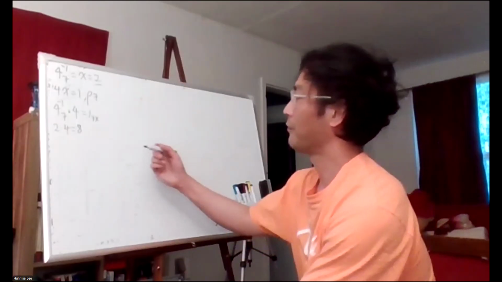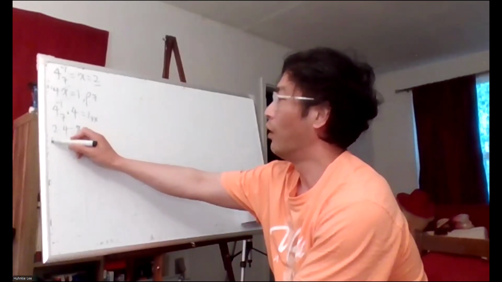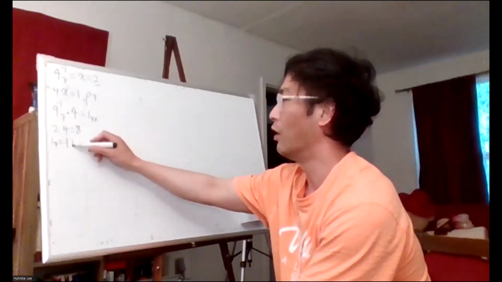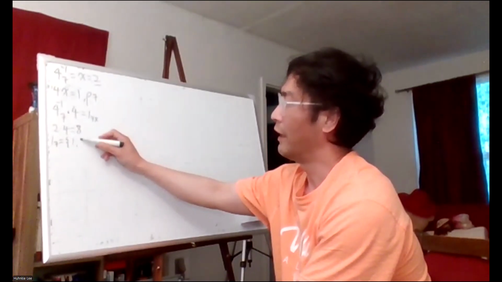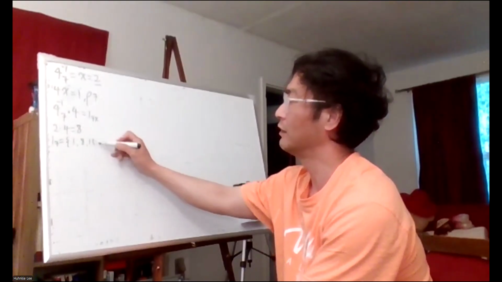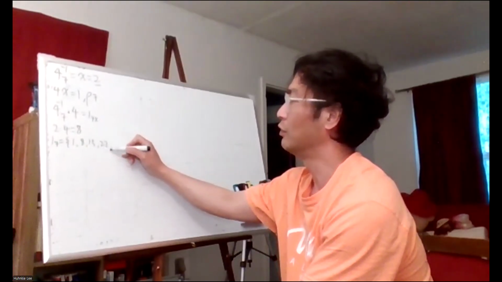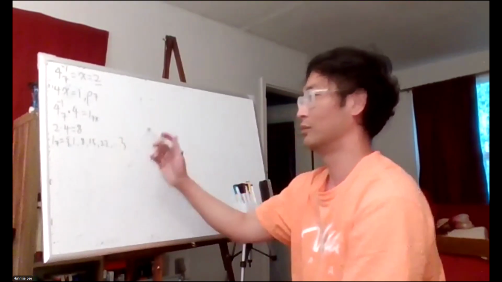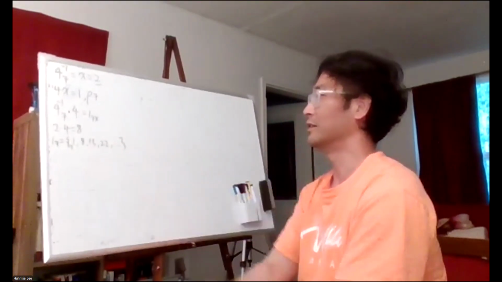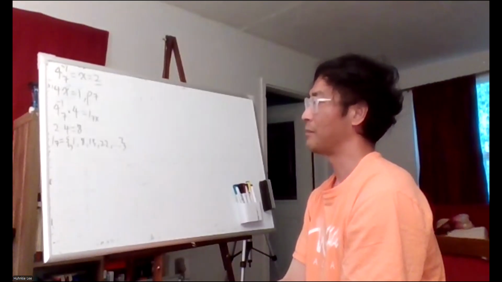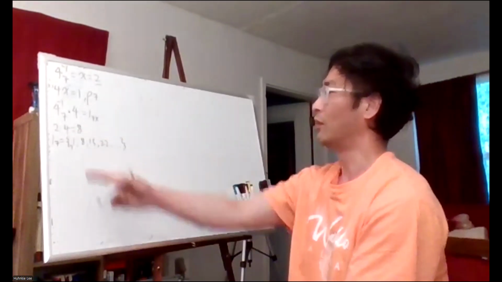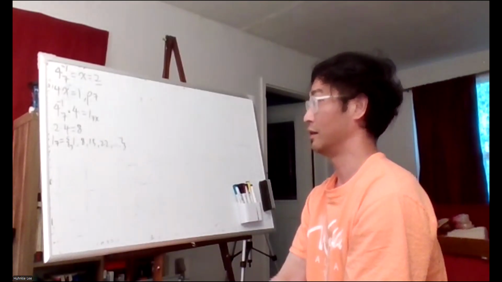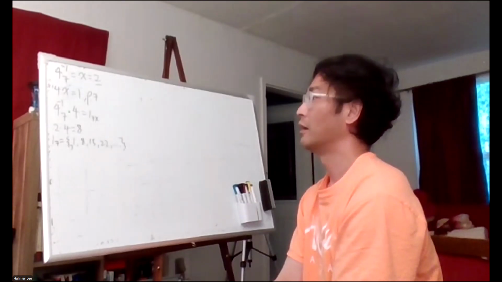1 row 7 is an infinite set. It's like 1, 8, 15, 22, blah blah blah. It can also go to negative numbers too, but we don't care about that for now. And 2 times 4 is 8.